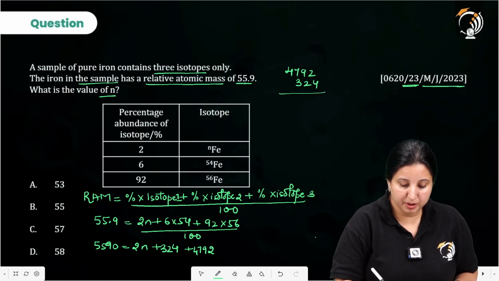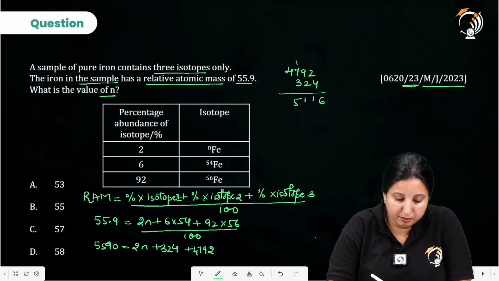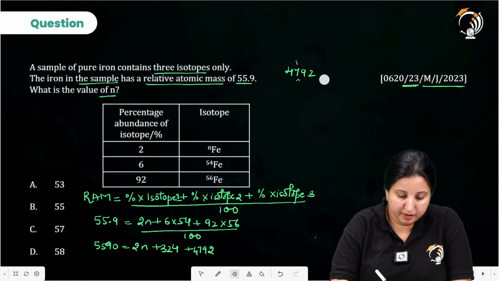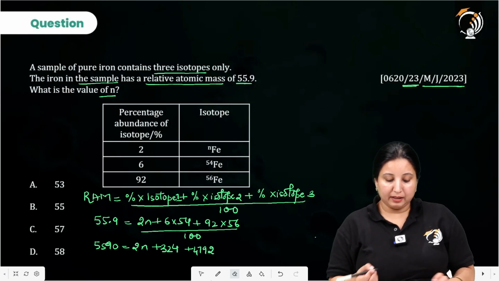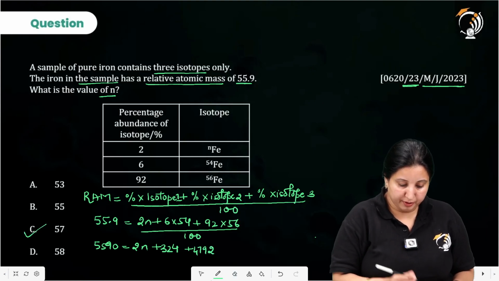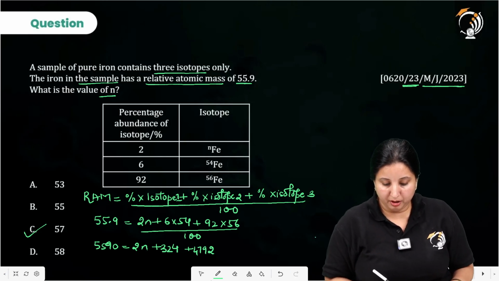So it is going to be 6 1 11 1 1 over here. So basically when you are going to subtract and divide it, you are going to get it as 57. Okay, so option C is going to be your answer.